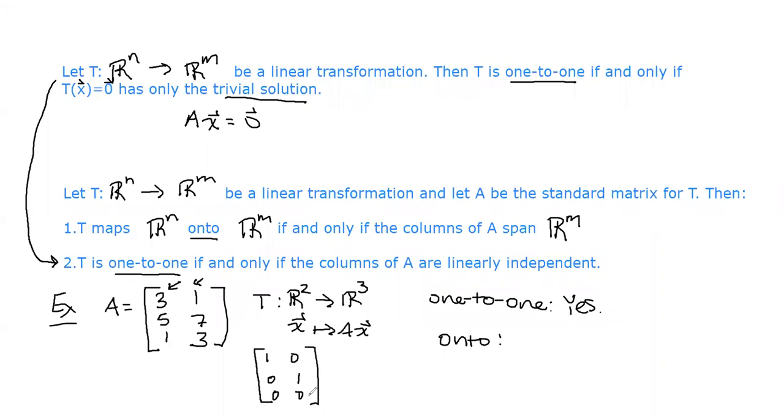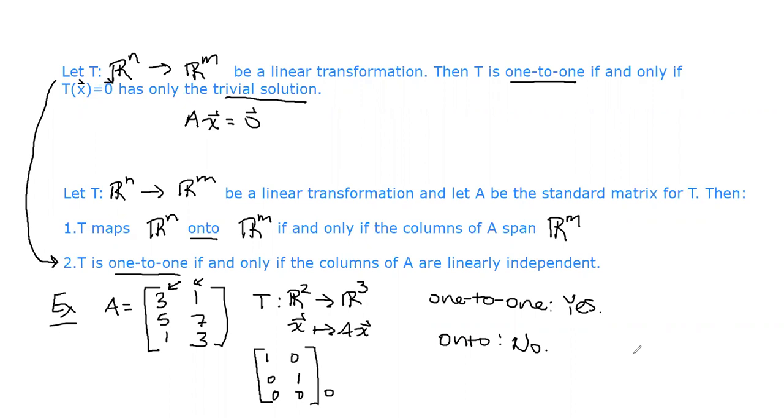That means that we are requiring whatever's down here to be 0 to ultimately have a consistent system. That means that there are restrictions on what we can get out in our image, so this is not onto.